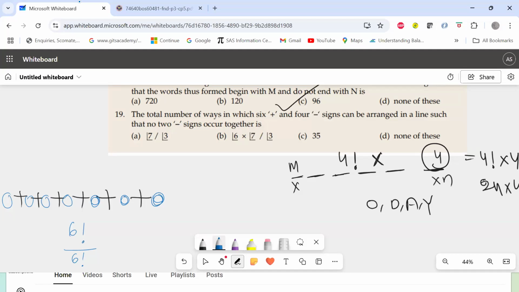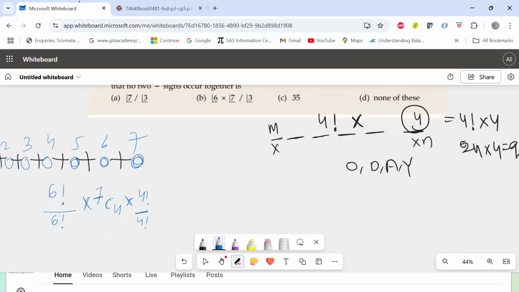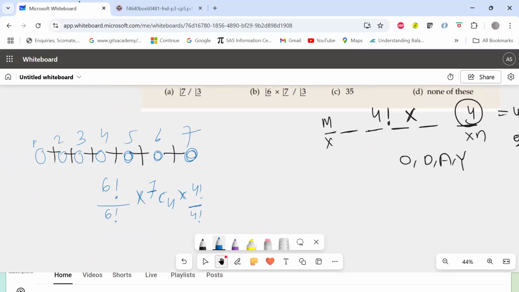Then because of them, there are seven spaces created where the minus signs can come. Out of 7 places, any place the minus sign can come. You have 4 minus signs only. So from the 7 places, I can choose any 4 places, and in these 4 places the 4 minus signs will come and all look identical.